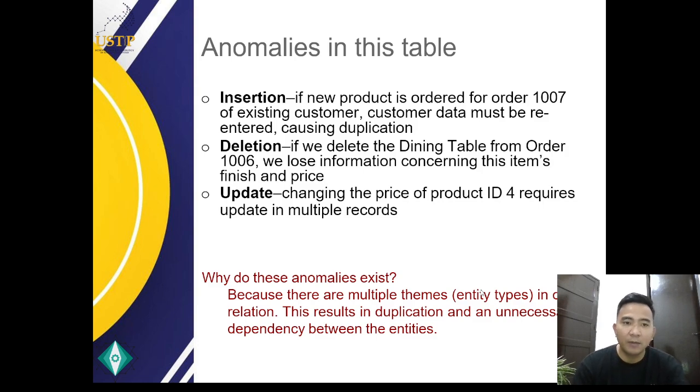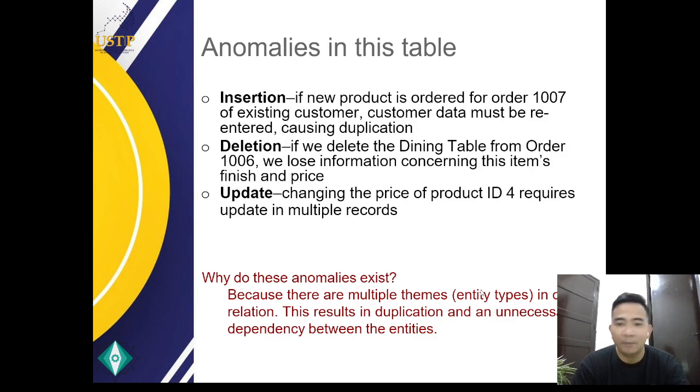In the deletion anomaly, if you delete a dining table from an order, you lose information concerning the item's finish and price. This is because the invoice table also stores information about products, and deleting an order might result in losing information about the products associated with that order.